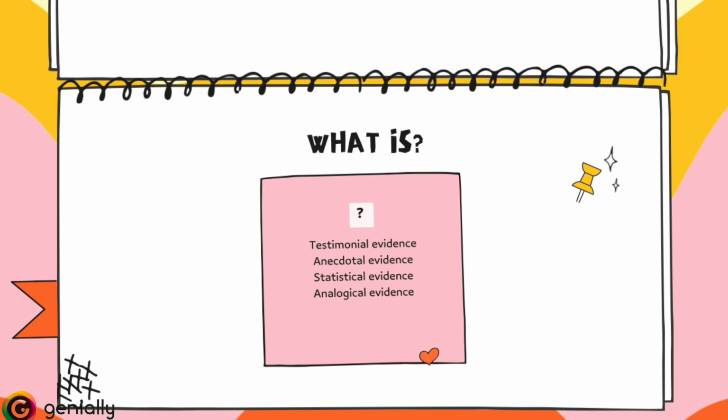Statistical evidence consists mainly of surveys and experimental results from the laboratory. Analogical evidence involves comparative data and calculations.